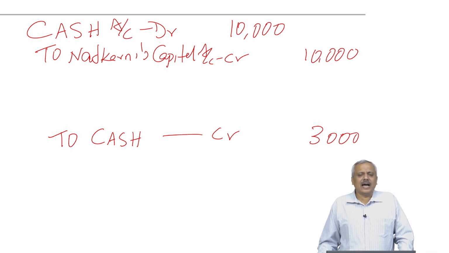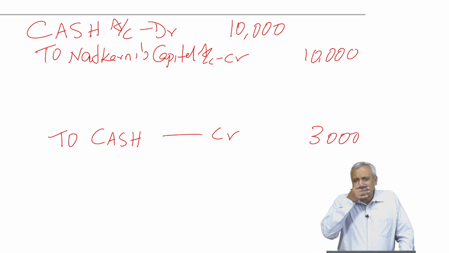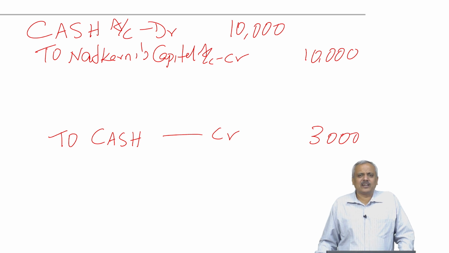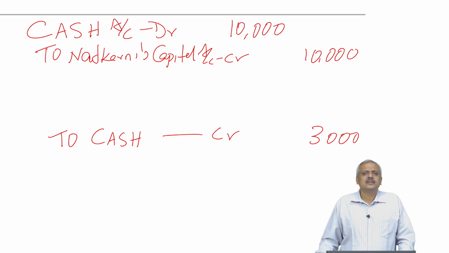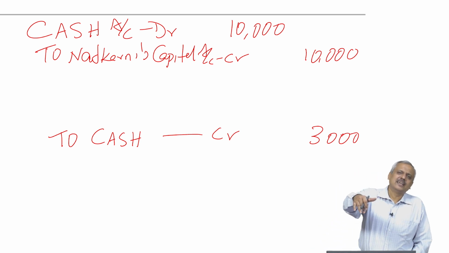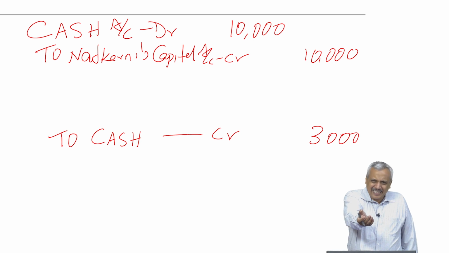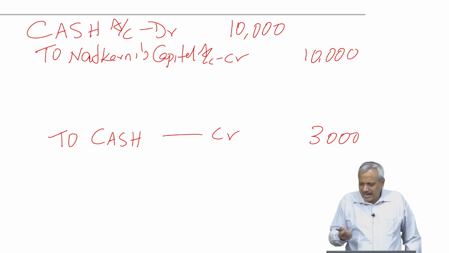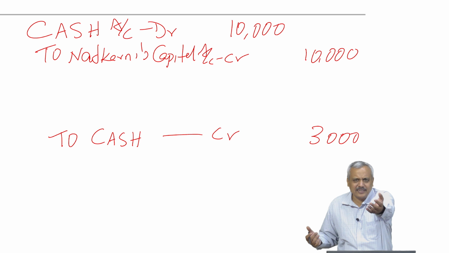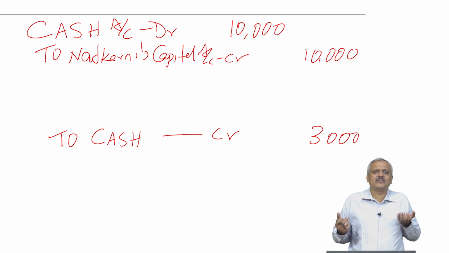Now, the next aspect is debit what comes in. Cash is going out, perfectly all right. Is there anything coming in? Yes. What is coming in? Your money is getting deposited in your account in the bank, and another asset is coming to you. Cash is an asset which is going out, another asset coming in is in the form of a bank account.